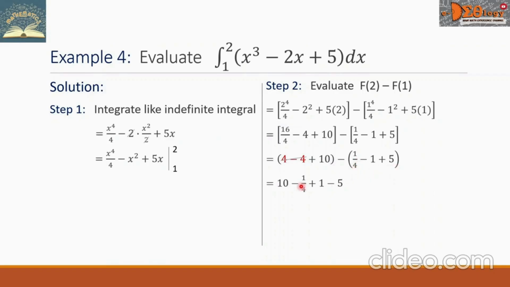So the 1/4 becomes negative 1/4, negative 1 becomes plus 1, plus 5 here becomes minus 5. Then we combine first the integers. 10 plus 1 minus 5 is 6, minus the fraction 1 over 4. Finally, the answer is 23 over 4.